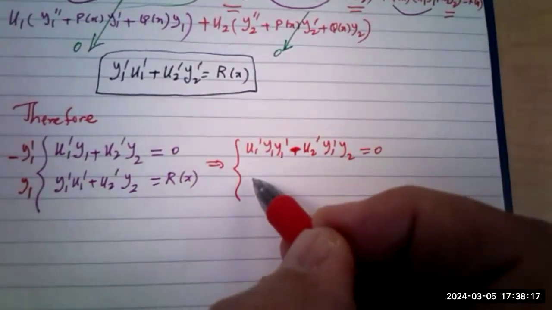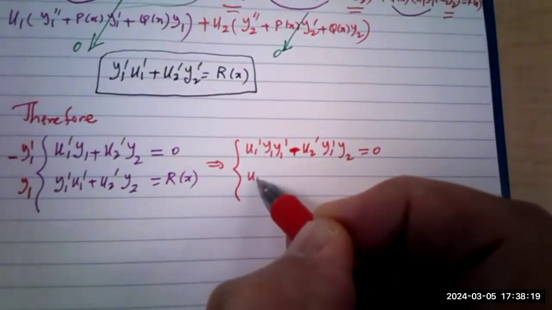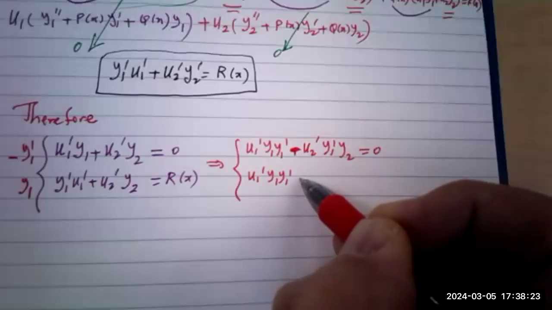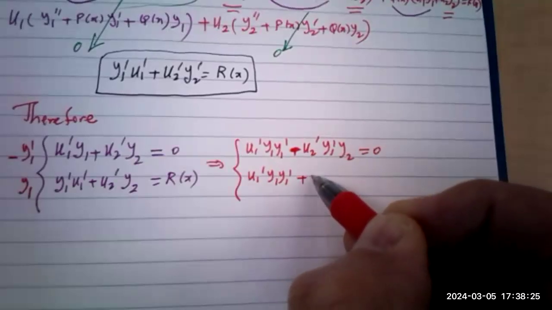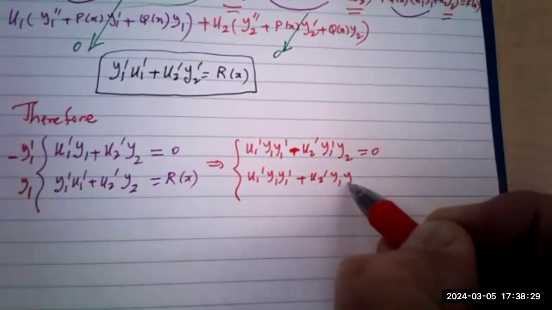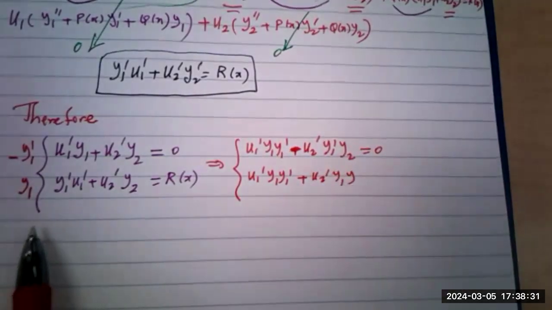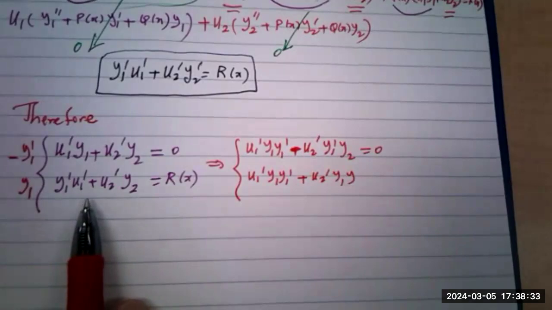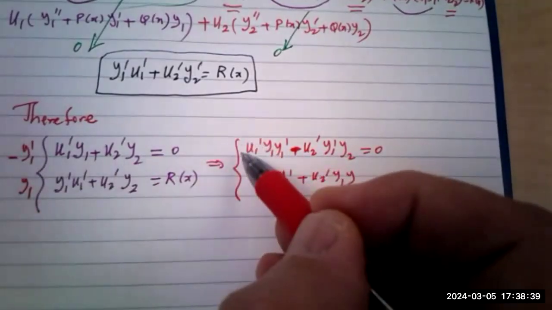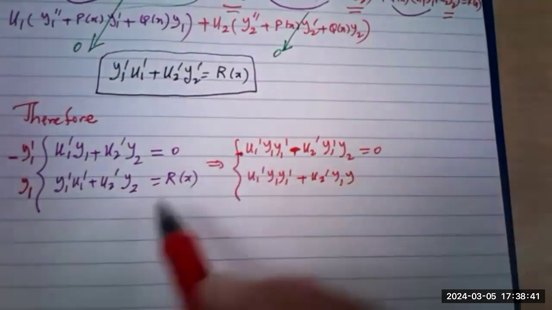And for the second part, you are going to have u1 prime y1 prime plus u2 prime y1. Must be something wrong with this. Minus in the first one. When you distribute, yeah, that's going to be the minus.